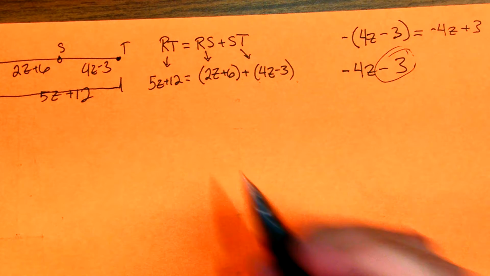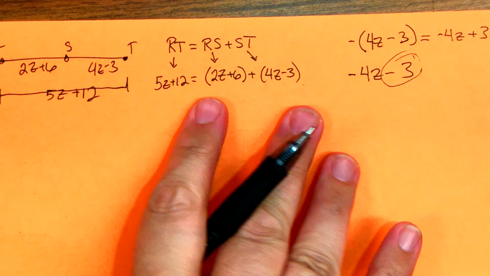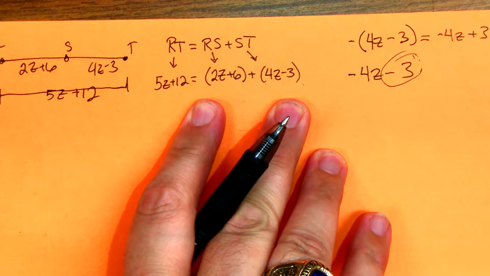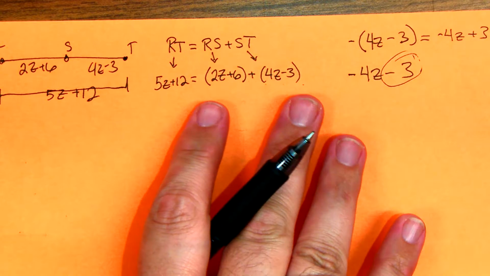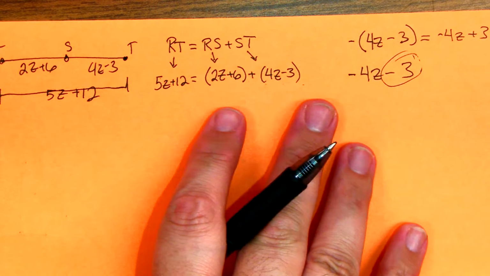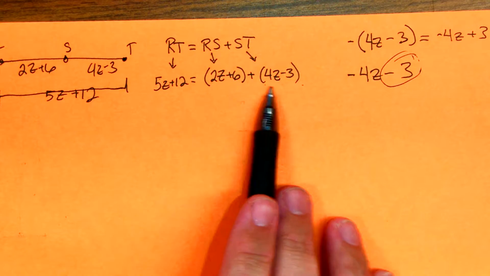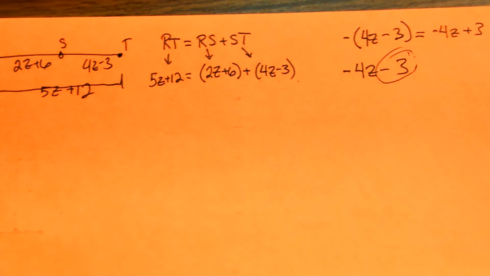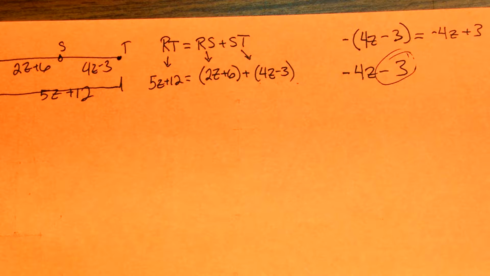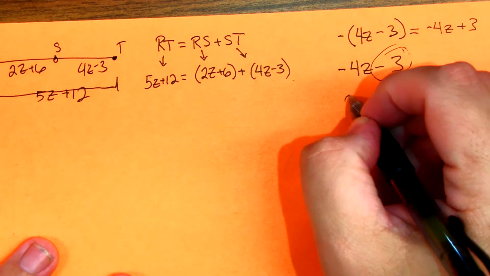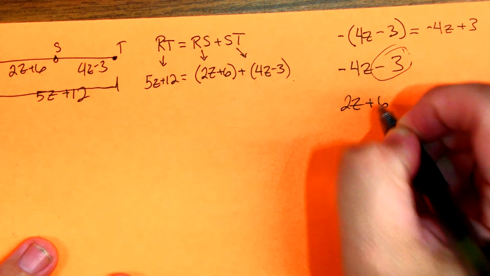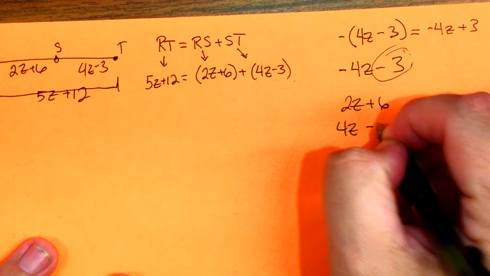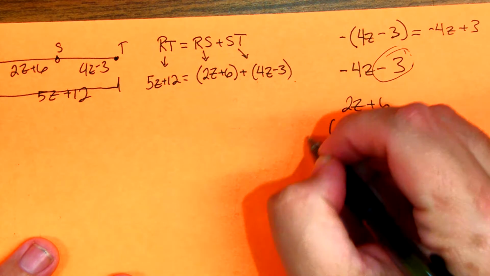Now, when you're doing something like this, there's a different way that you can go about doing this. If you're comfortable just looking at it and saying, all right, that's 2Z, that's 4Z, I can add them together, we're good to go. I told you yesterday, I like to work vertically. I would take this, 2Z plus 6, 4Z minus 3, and I know I've got to add them up.